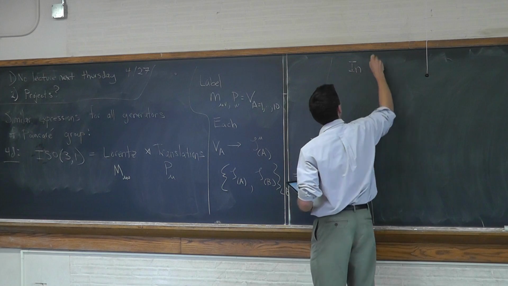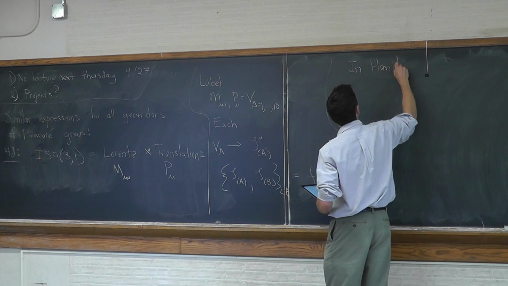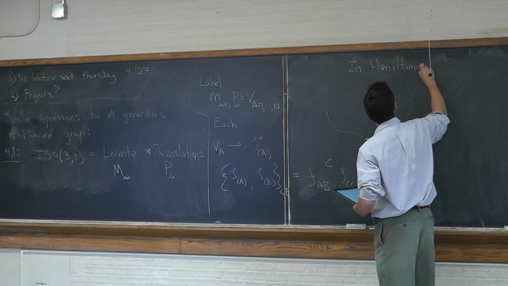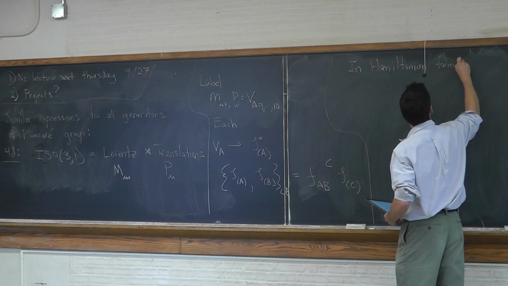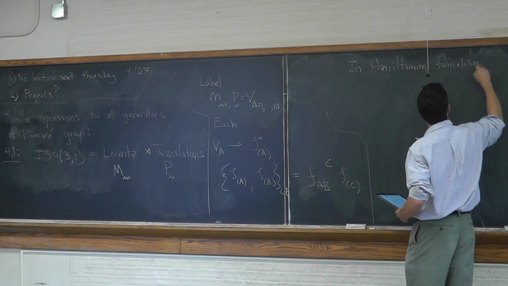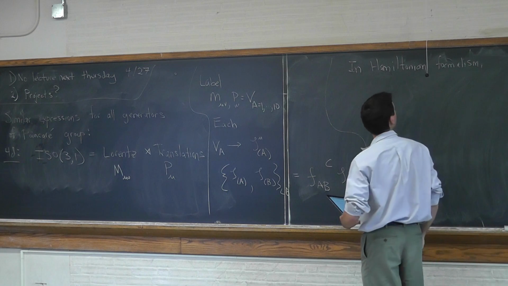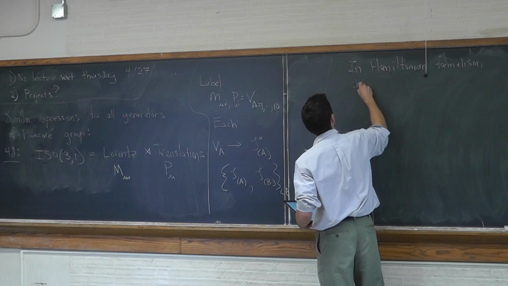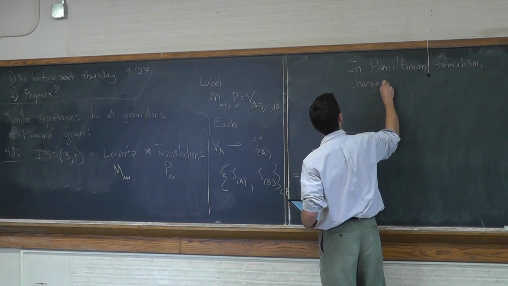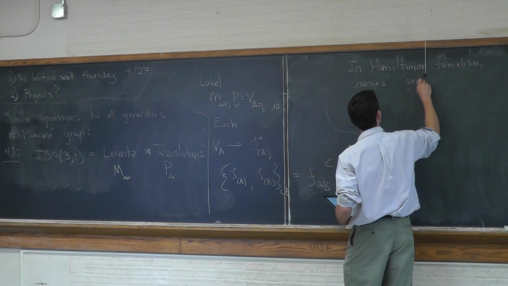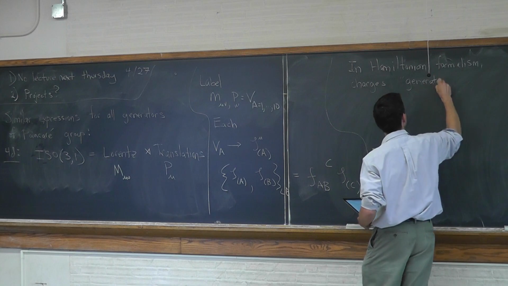Now, in the Hamiltonian formalism, we say the words charges generate the symmetries.